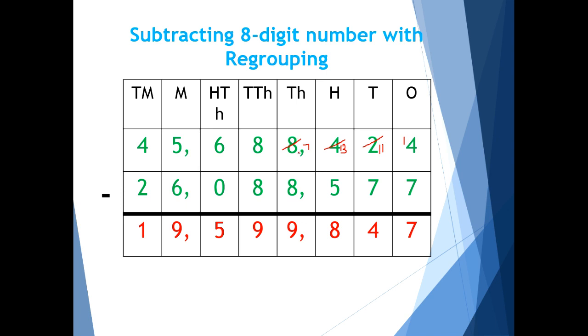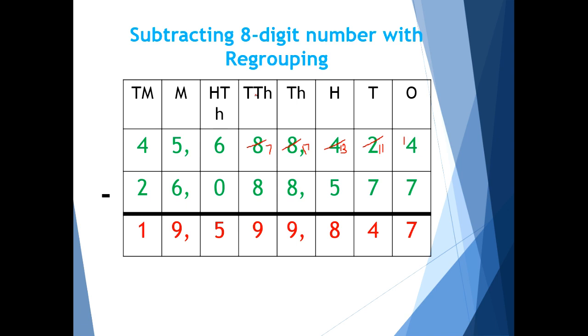Now in the thousands column we have 7 and 8. We cannot subtract 8 from 7 because 7 is a smaller number, so we'll borrow from the 10,000s column. In the 10,000s column we have 8. We'll borrow 1 from 8, it will become 7 and this 7 will become 17. 17 minus 8 equals 9.